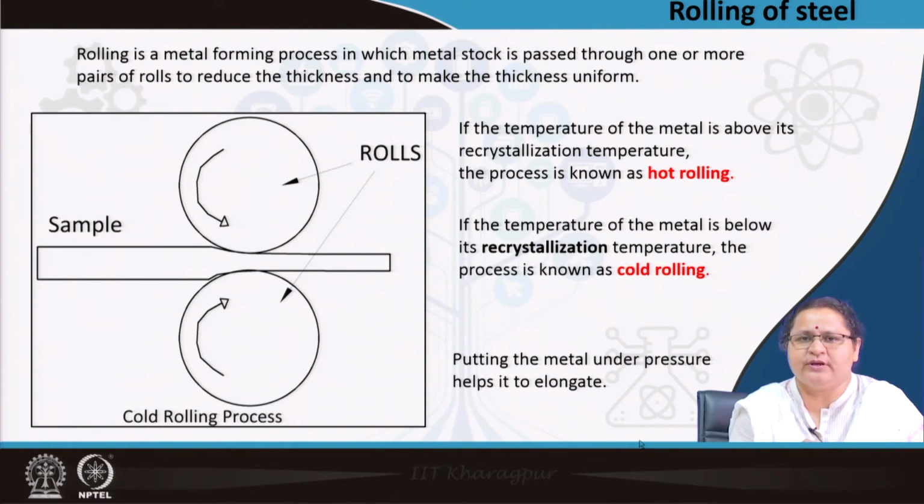So, if we are doing cold rolling, we are not changing the crystallization structure inside the steel. If we are going for hot rolling, we are changing the crystallization pattern inside the steel. I am not elaborating much, but we will see in one case how this changes.